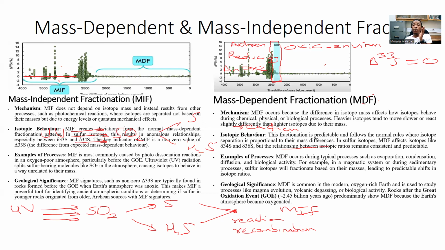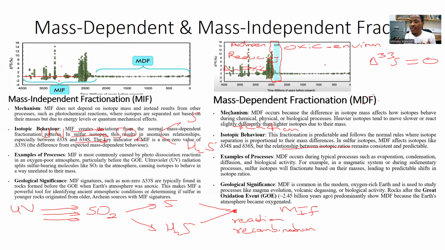It means the rocks that are older than the Great Oxidation Event are supposed to show non-zero isotopic ratios, or they are supposed to show the MIF, mass-independent fractionation. All right, because after the photochemical reaction took place, these rocks did not undergo the reaction.